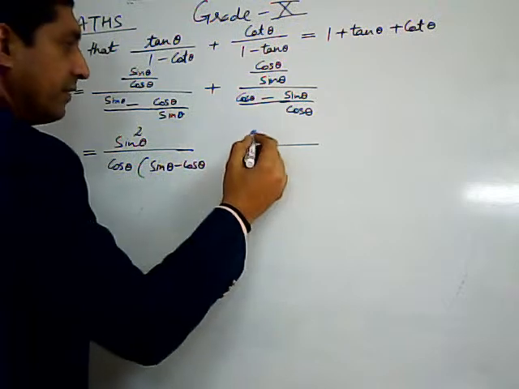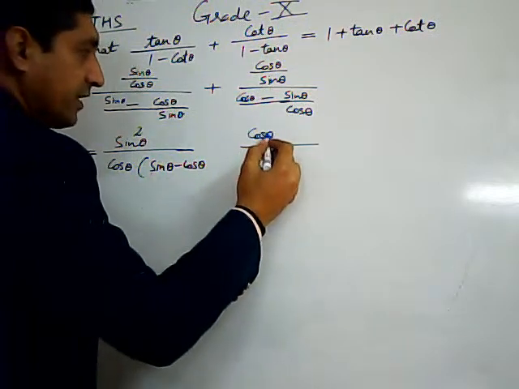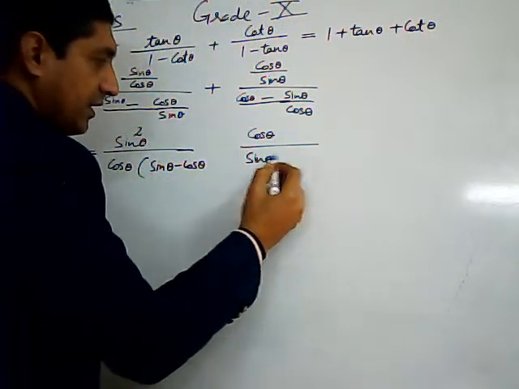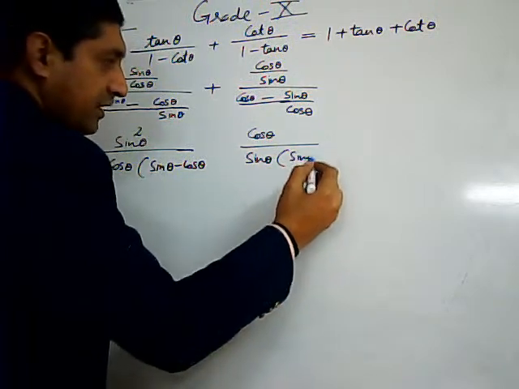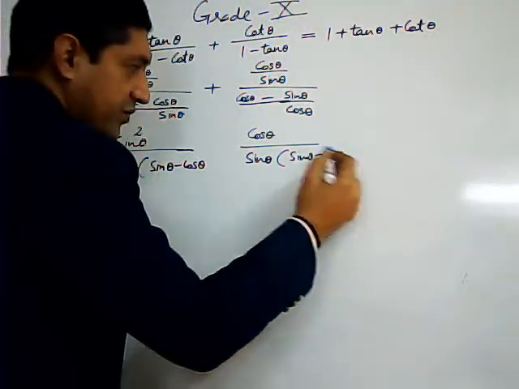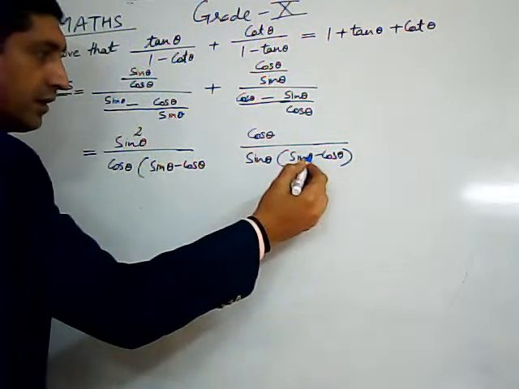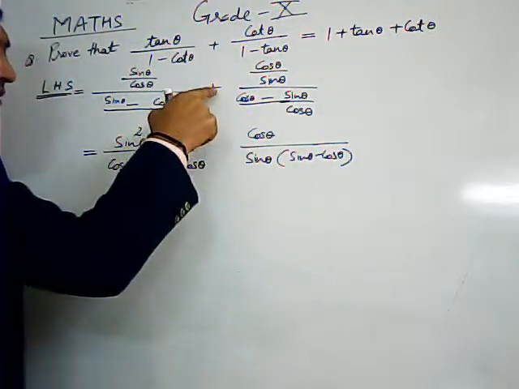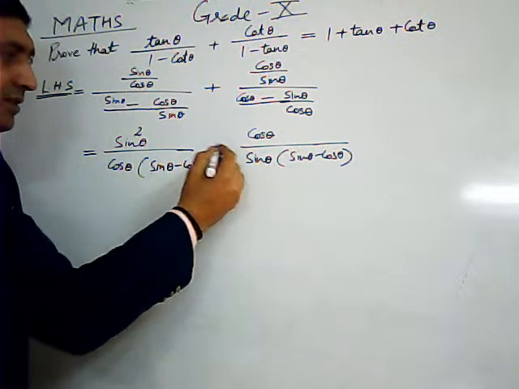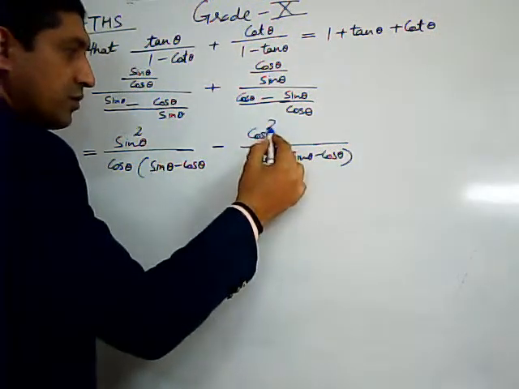We can write here that is cosine of theta upon sine of theta into sine of theta minus cosine theta. Here I have changed the sign. Here sine cosine I have rearranged. This positive sign I am changing to negative, and it becomes cosine square theta.